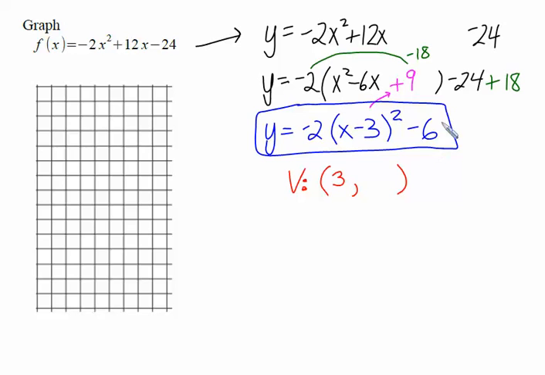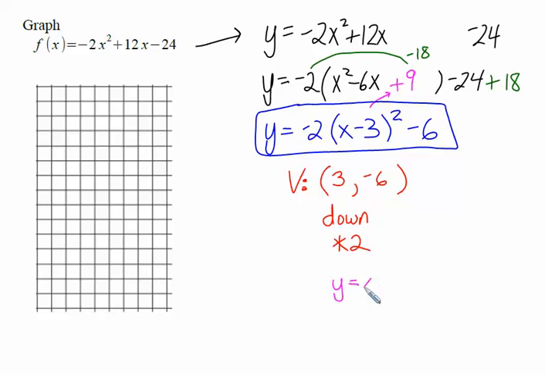The y-coordinate of the vertex just stays the same as what we see on the outside. Here that's a -6. Because of this negative in front of the quantity being squared, this graph is going to open down. And the 2 indicates that we're going to have to multiply by 2.